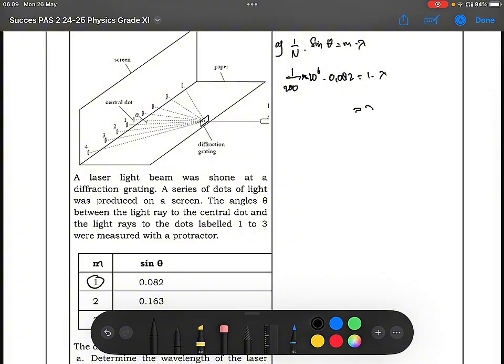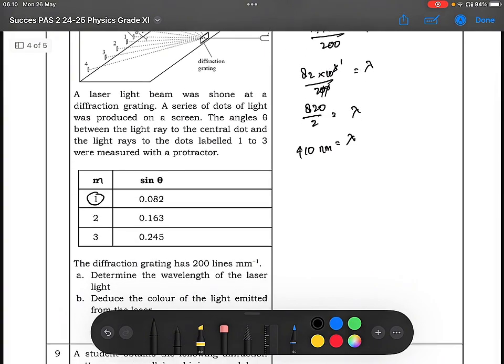So lambda equals 1 per 2 times the sin value. Lambda is 410 nanometer.